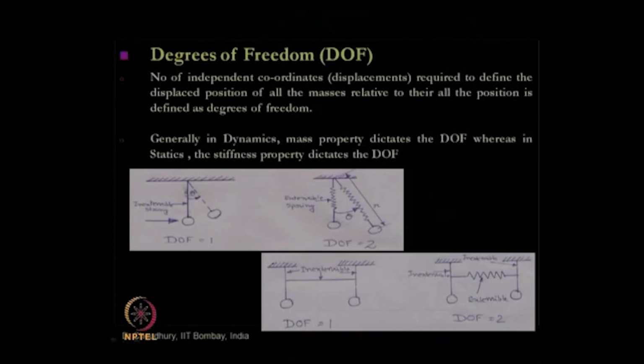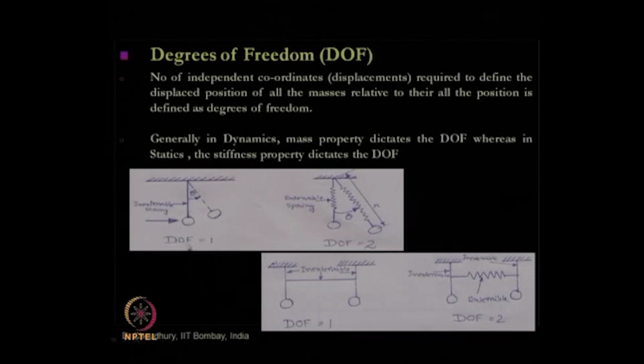So, if we want to see a few examples of degrees of freedom, you can see the simple example of this pendulum. This is an inextensible string, massless, and this is a bob with mass m. If we apply a dynamic load or tap it, it will start vibrating like this.